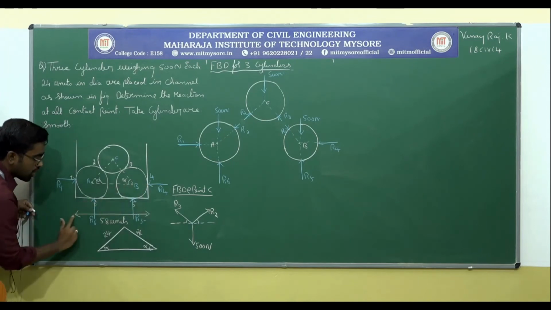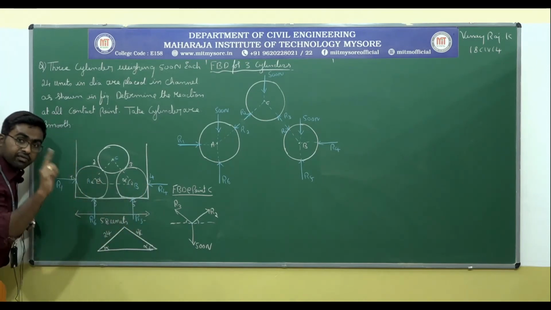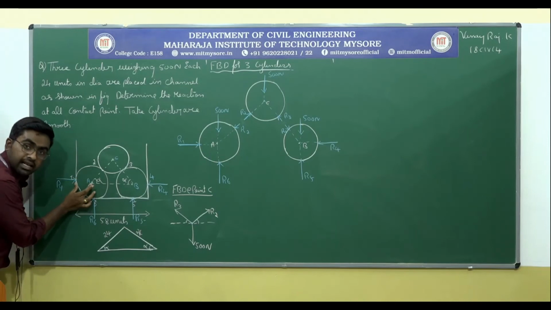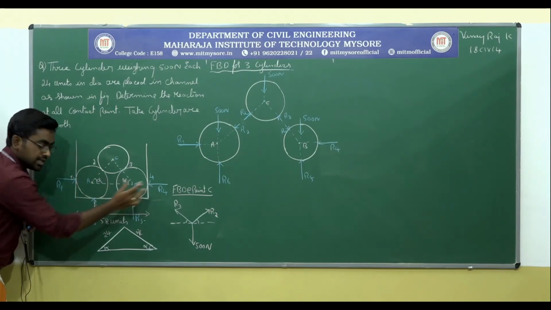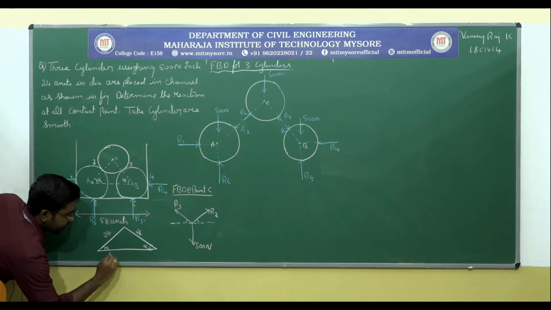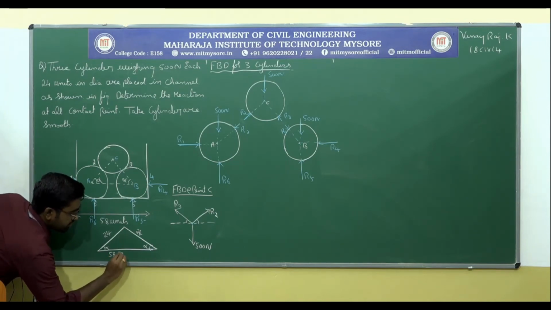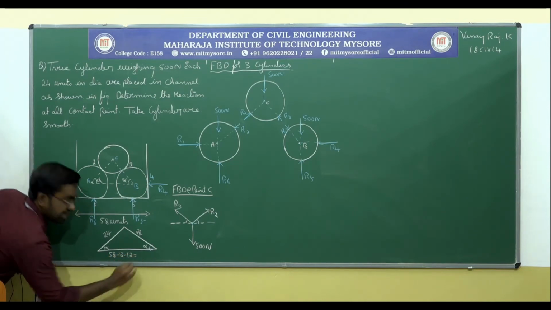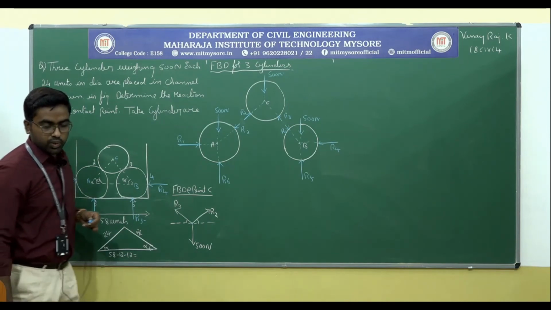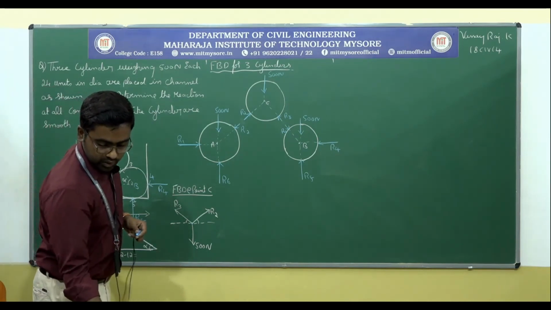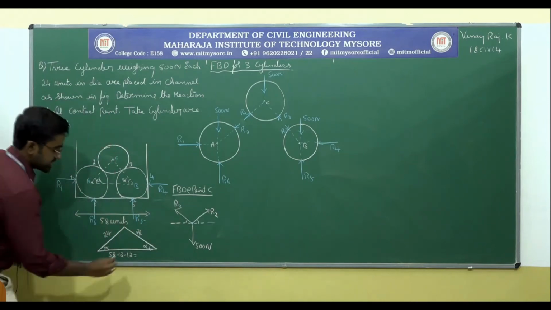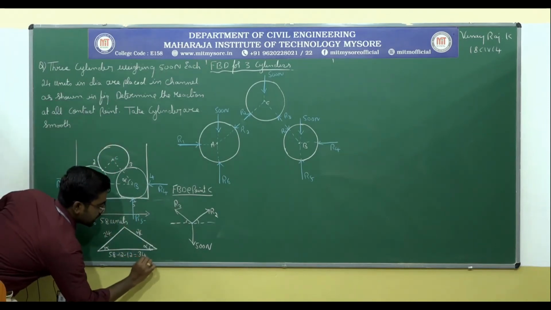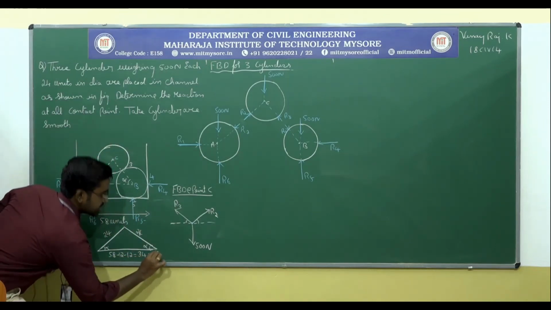That means overall is 58 minus 12 and 12, and that will be equal to 34 units. So this will be equal to 34 units.